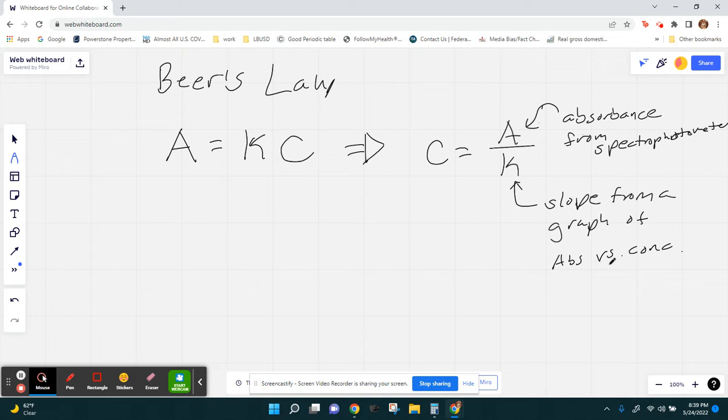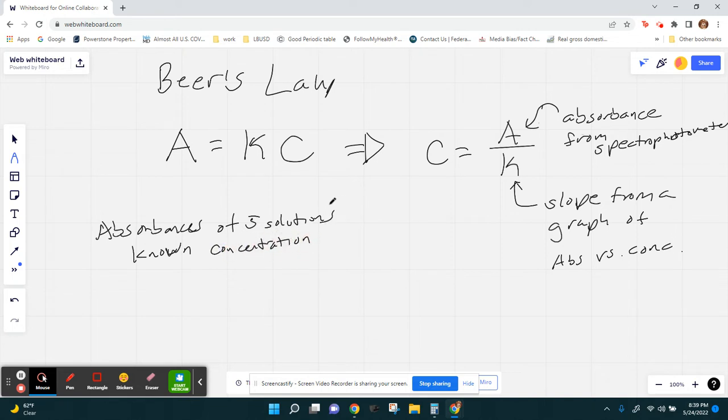When you did this lab, you measured absorbances of 5 solutions with known concentration.